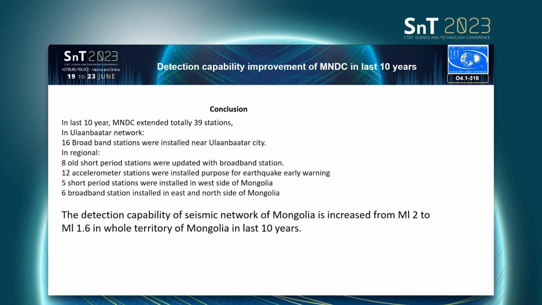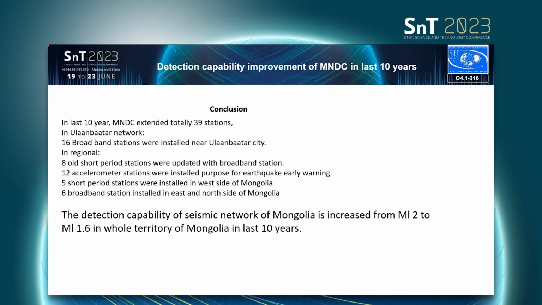Okay, so conclusions. In the last 10 years, MNDC extended the network by a total of 39 stations. In Ulaanbaatar, 16 broadband stations were installed near the city. In the regions, 8 old short period stations were updated with broadband stations, 12 accelerometer stations were installed for early warning, 5 short period stations were installed on the west side of Mongolia, and 6 broadband stations on the east and north sides.